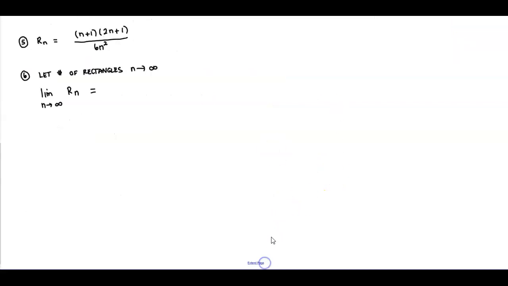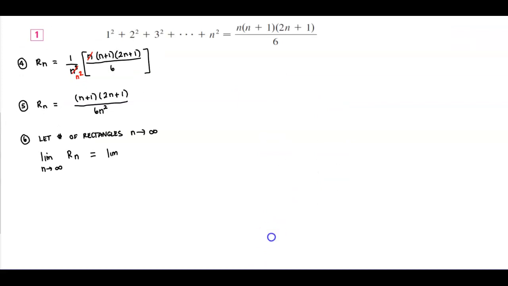So we're taking the limit as n approaches infinity of n plus 1 times 2n plus 1 over 6n squared. Okay, so let's distribute that numerator. So we have the limit as n approaches infinity. If we distribute and multiply that, we end up getting 2n squared plus 3n plus 1 over 6n squared.